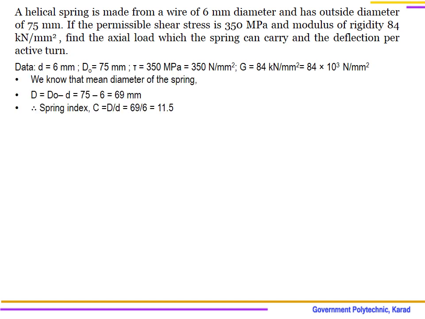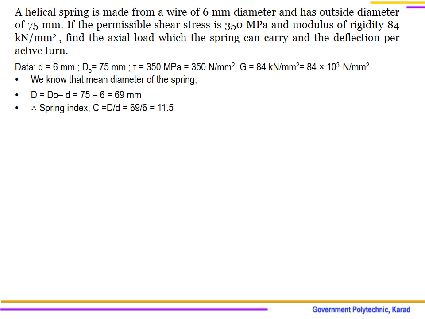Now let us find the mean coil diameter. We know that mean coil diameter D is DO, the outer diameter, minus half the wire diameter on one side and half on the other side.